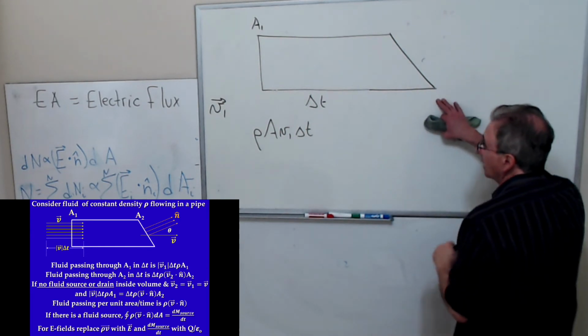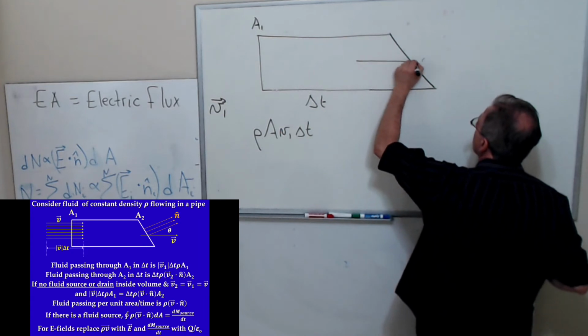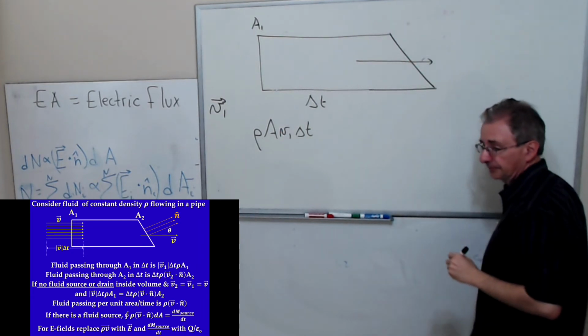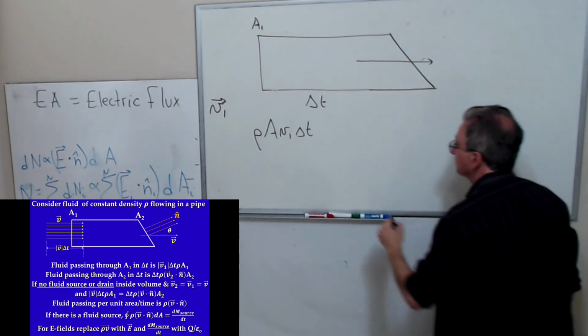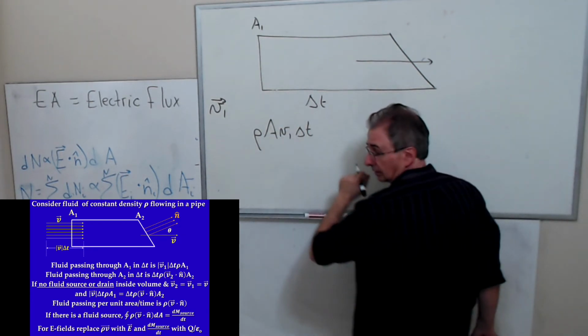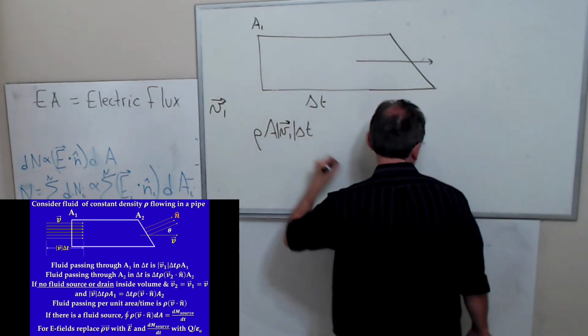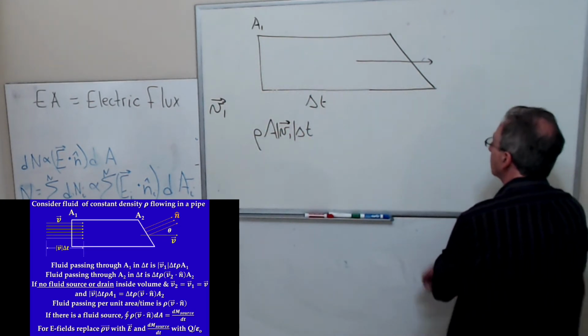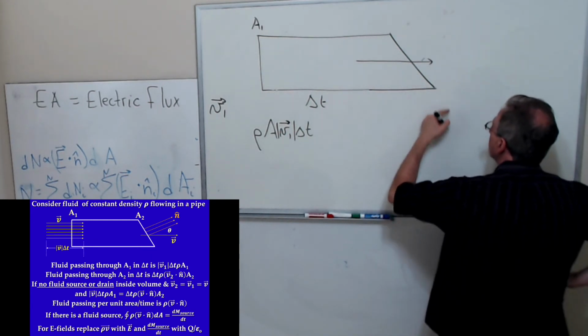Now I can do the same thing on this side, the water's going like this through the fluid. Okay. All right. And I should write the magnitude of this vector. But what about on this side? Well, in a time delta t, how much fluid goes through here?